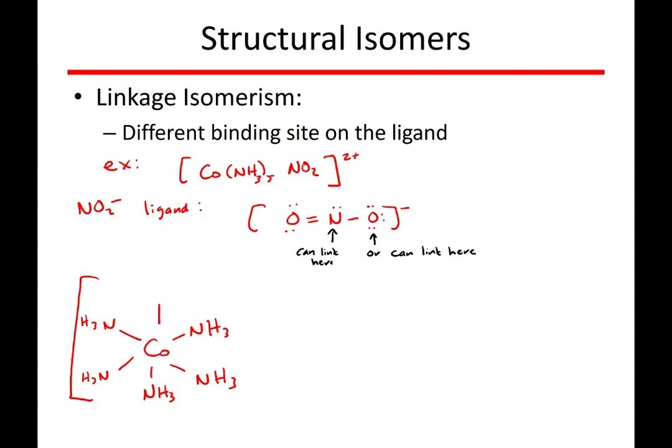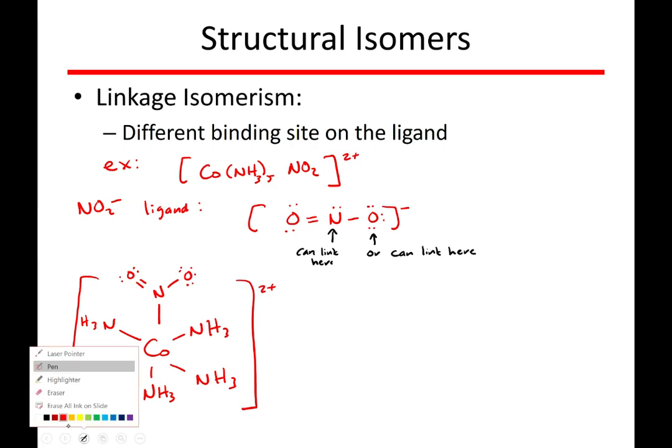If that happens, the bond will be between cobalt and nitrogen. And then we'll have the two oxygens here and here. I'm just going to clean it up a little bit. And then this whole ion has a +2 charge.